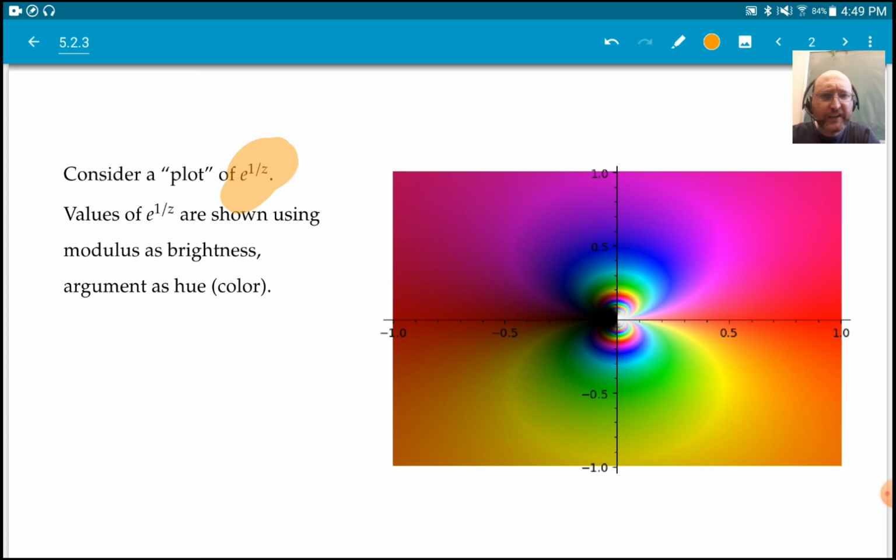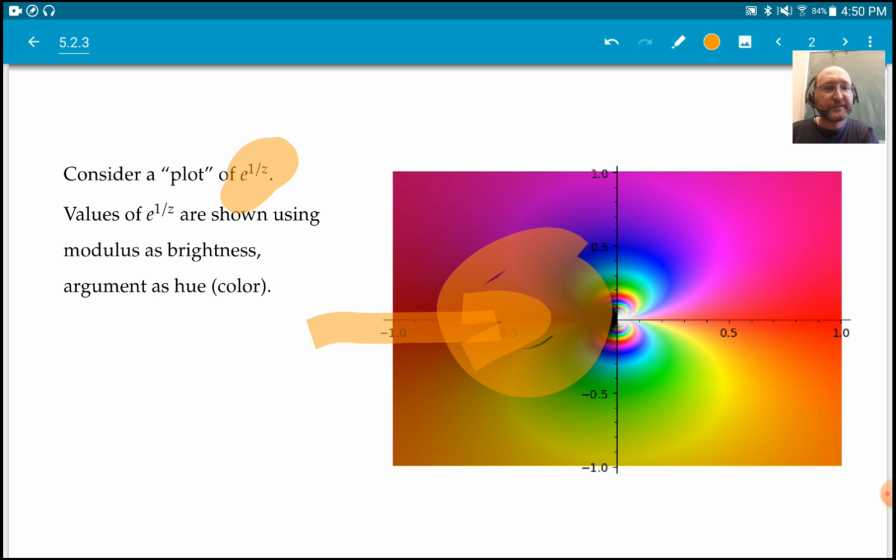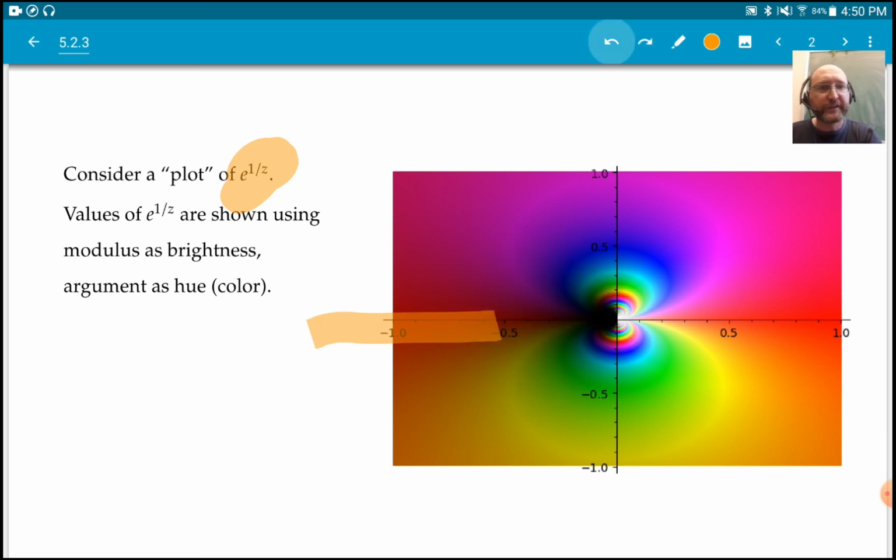So over here, what you see is that when I approach from the negative side, everything becomes very dark, because e to the 1 over z is actually going to 0 there. So e to the 1 over z is small in this region, while in this region it's big.